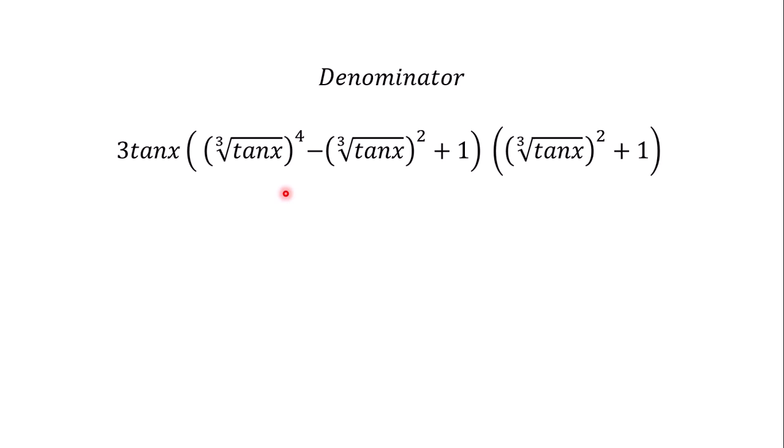Okay, good. So the same way as we did for the numerator, how we worked out the numerator, that is the same way that we are going to work out the denominator. So this one multiplied by the whole of this.